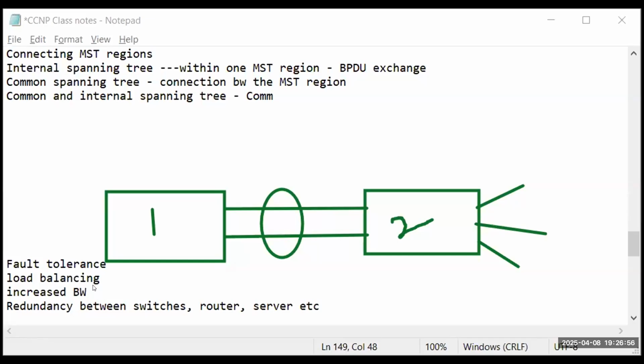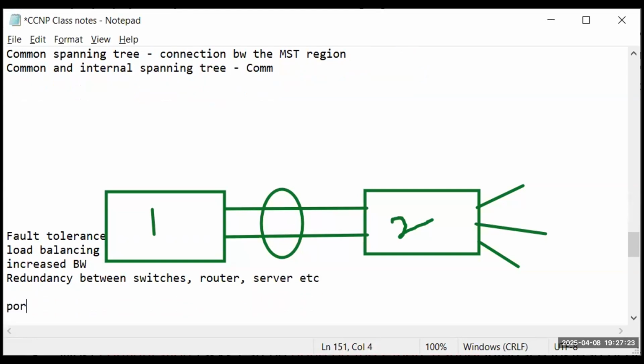When Ether channel is configured, so we are configuring Ether channel in a network, combining physical interfaces. That means we are configuring a virtual interface. We are going to configure a virtual interface, put all the physical interfaces to that virtual interface, and we call that interface a port channel.